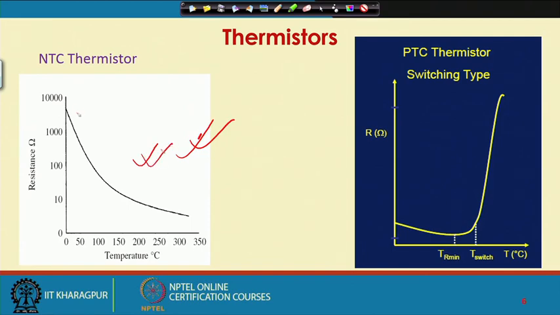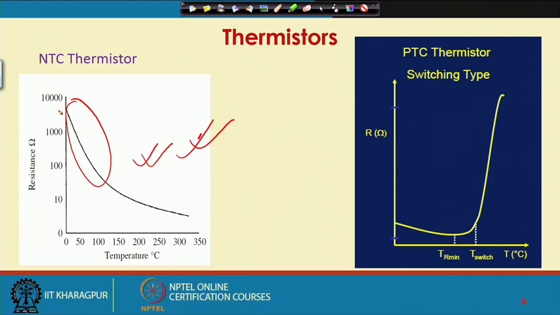And you see the resistance rapidly falls for a small increase in temperature. So, the instrument becomes very sensitive, but it is highly nonlinear. So, calibration will be very nonlinear.